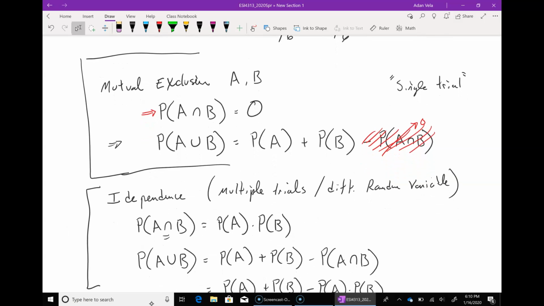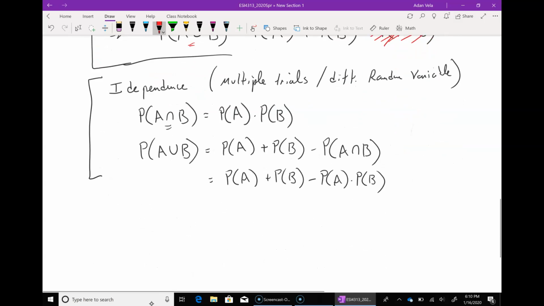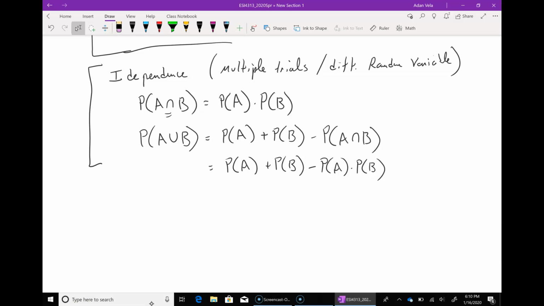So again, if you have a single trial and it's mutually exclusive, then that tells you something about what A and B is. But more importantly, it tells you how you can add up A or B. When you have independent events, or usually you want to think about as multiple trials, right?